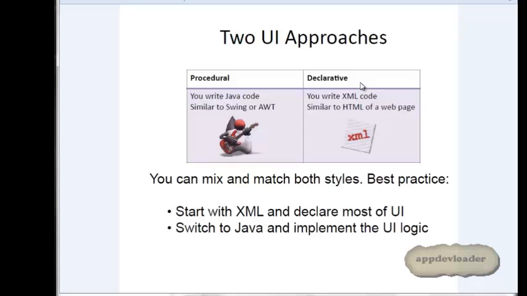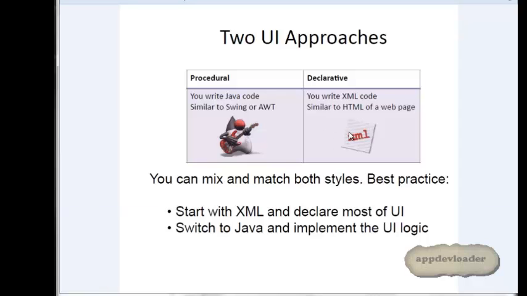For example, if you want to create a button, you basically go for the declarative approach. The XML code is very good about the width, the height, the size and dimension of the button you're creating, the color of the button. But what happens when the button is clicked? The XML code is not good at it.